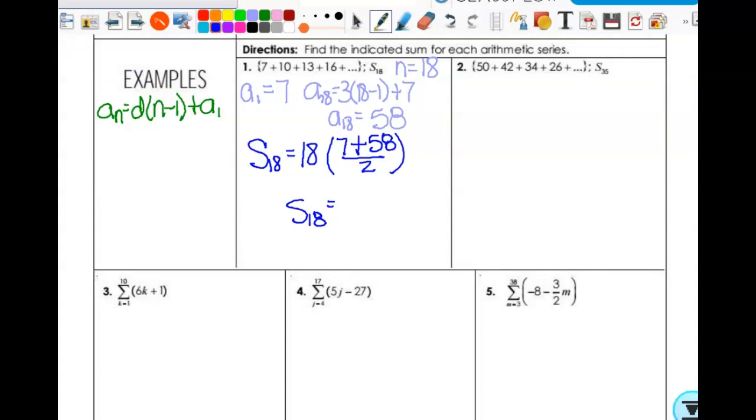Synthetica, tell me what you get. 585. Y'all agree with that? Yes, thank you very much. There you go. Okay. What questions you got? Anything?